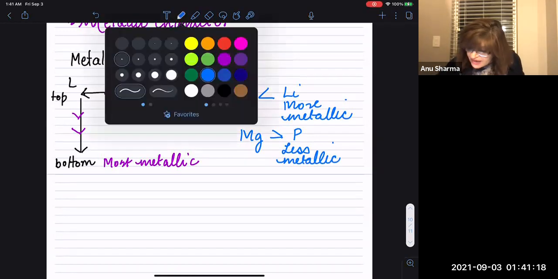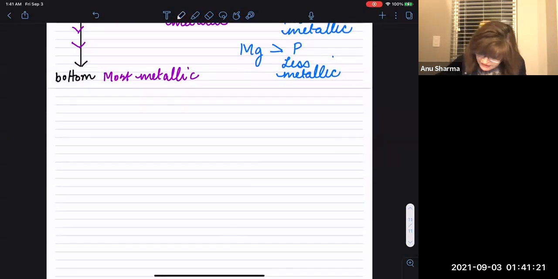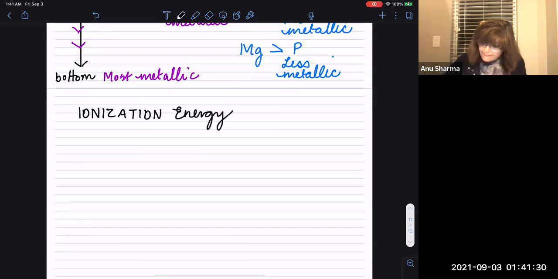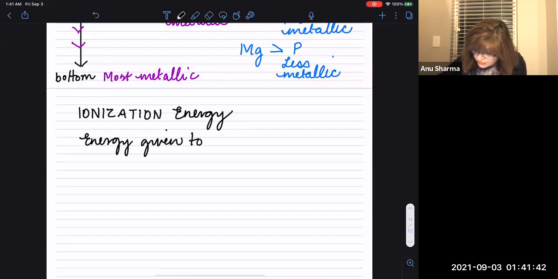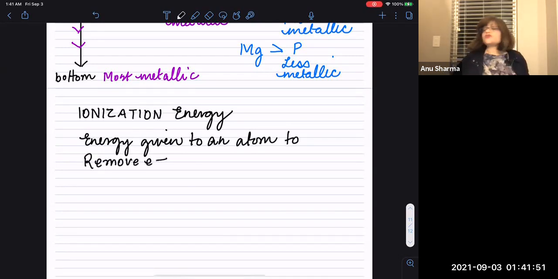Next is the ionization energy. Ionization energy is the energy that is given to an atom to remove electrons.